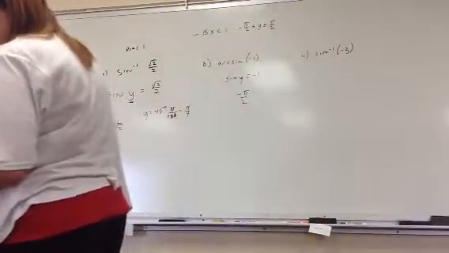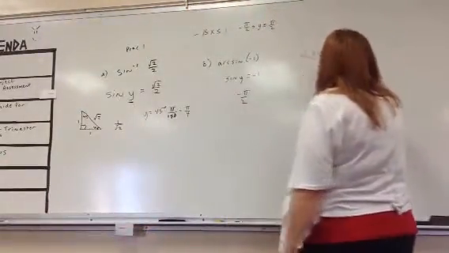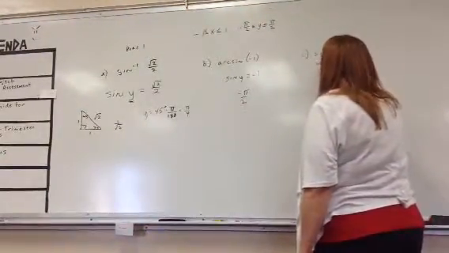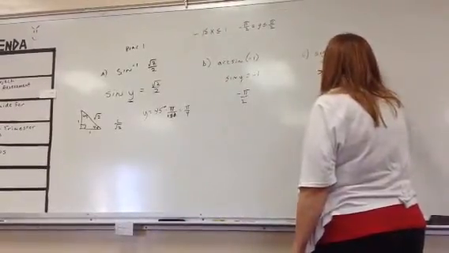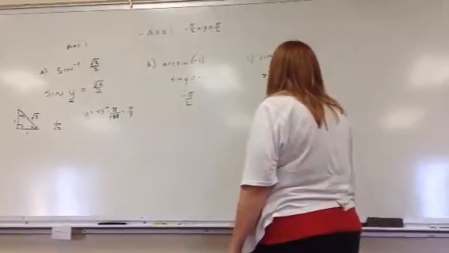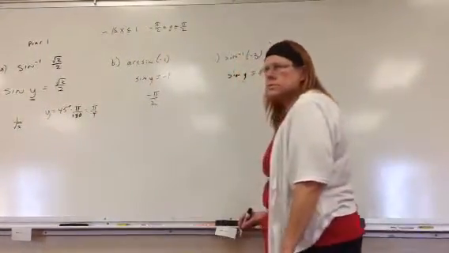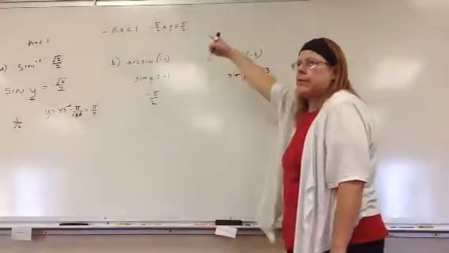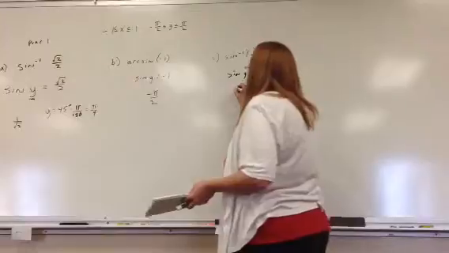Now, when we go to look at this, this means the sine of y has to equal negative 3. If our y is here, this is my x. Does that fit in my boundaries? No. So this is undefined.